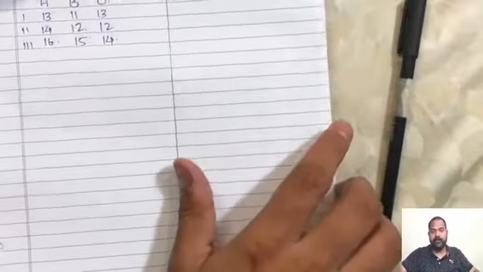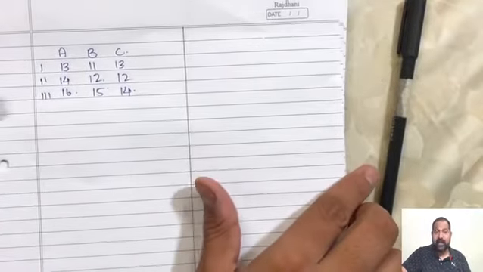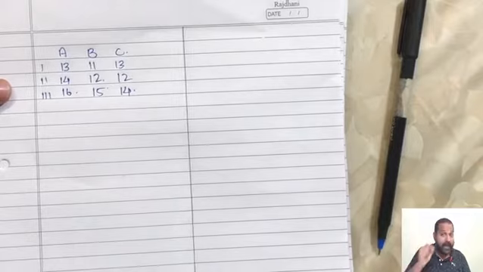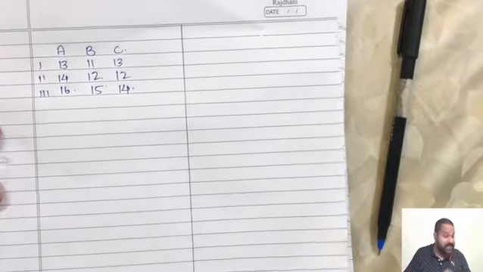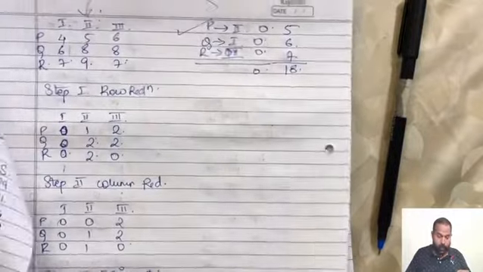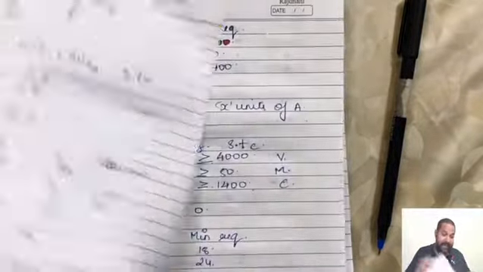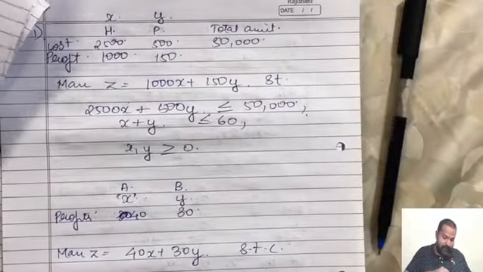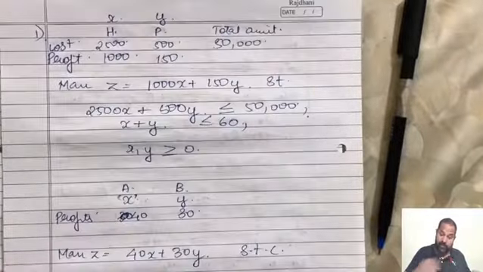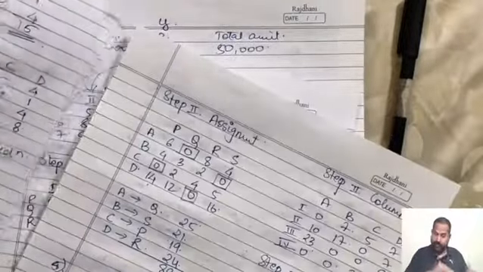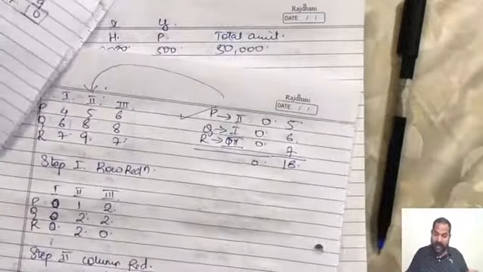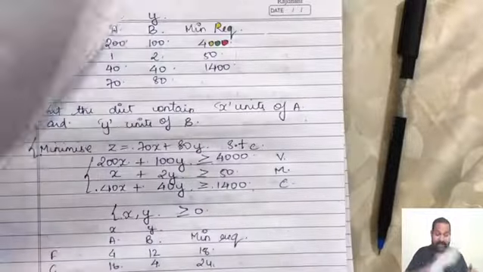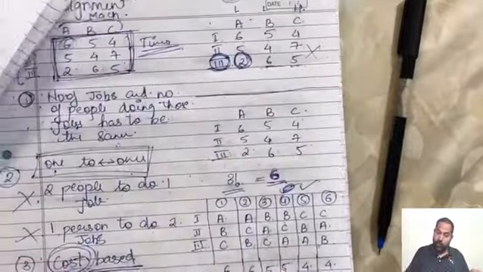What does that mean? Well, it means that I have to now assign. Up till now, what was happening? I was assigning in such a way that the total job was getting done in the least possible time or the least possible cost. Is that correct? Yes. But now they are asking you to maximize the given problem. What do you mean by maximize the given problem?